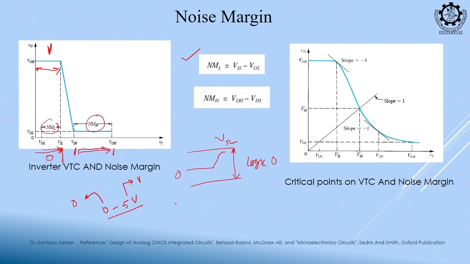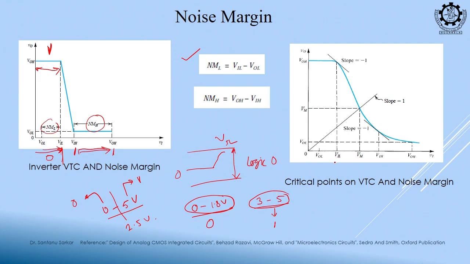Now, what is the middle point? Middle point is 2.5 volt, right. So, maybe 0 to say 1.8 volt will still be treated as 0, and something like 3 to 5 volt will be treated as 1. So, this becomes my noise margin low, this becomes my noise margin high, clear.